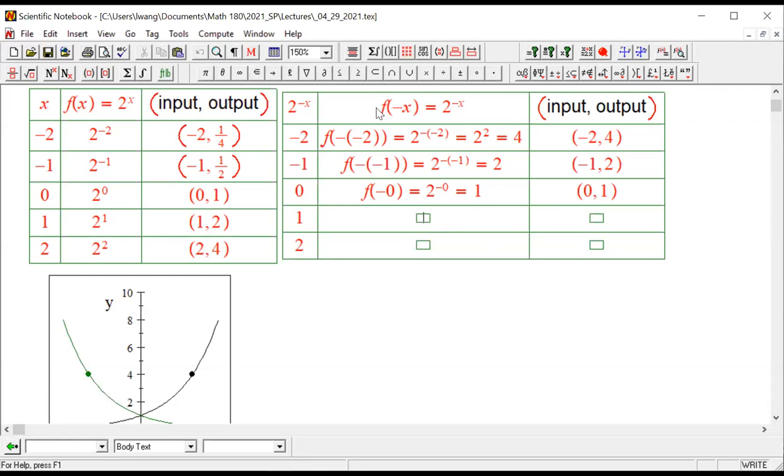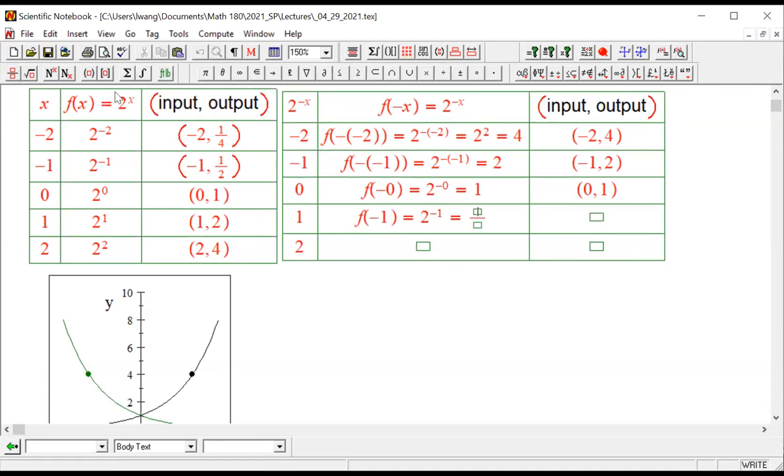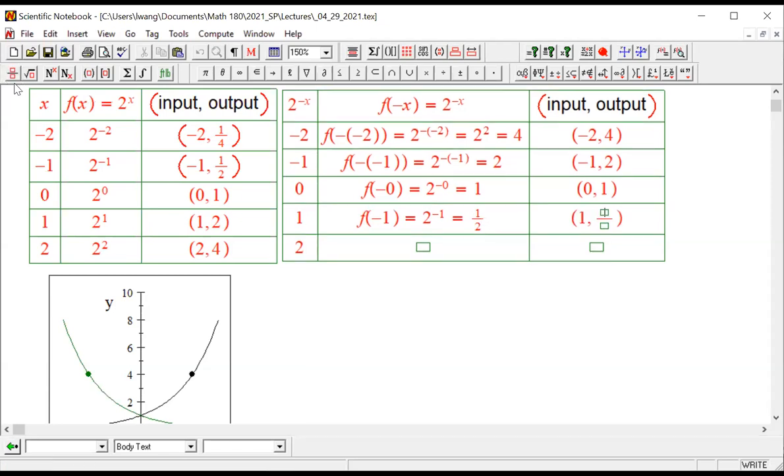f of 1, so now this time, x equals 1, and this equals a half. So 1, half. And f of negative 2, well, x is 2, and that's a quarter.